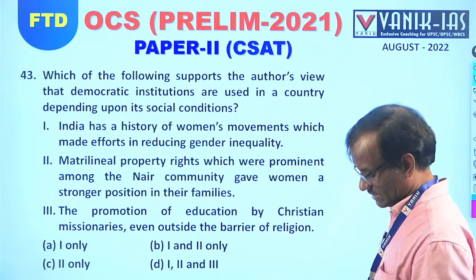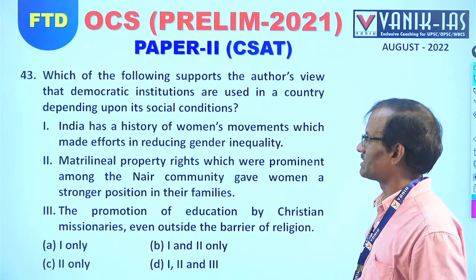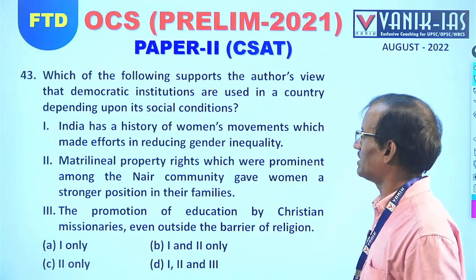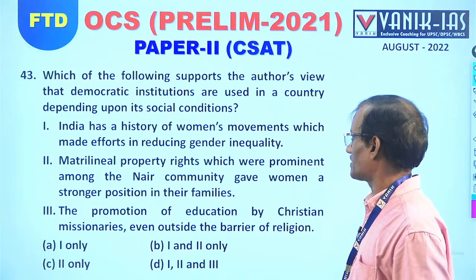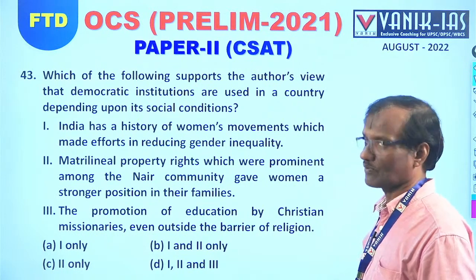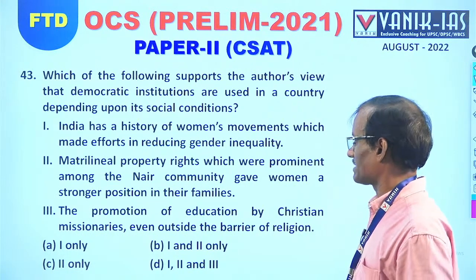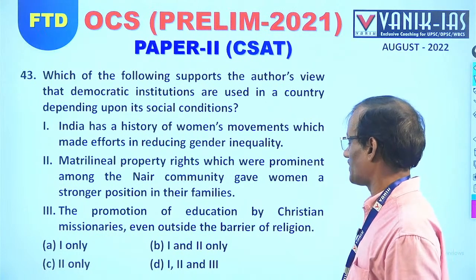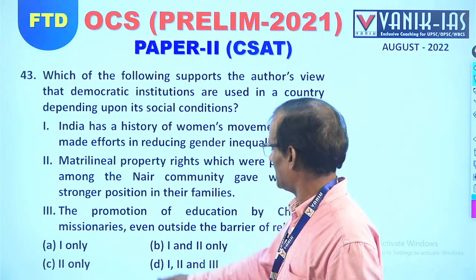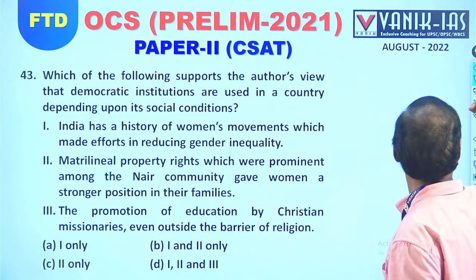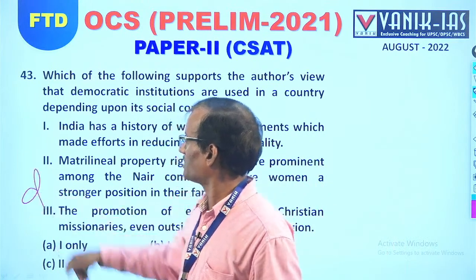India has a history of women's movements which made efforts in reducing gender inequality. Matrimonial property rights, which were prominent among the Nair community, gave women a stronger position in their family. That is an example. The promotion of education by Christian missionaries even outside the barrier of religion is also one of the factors. Yes, D. The answer will be D, according to the passage.